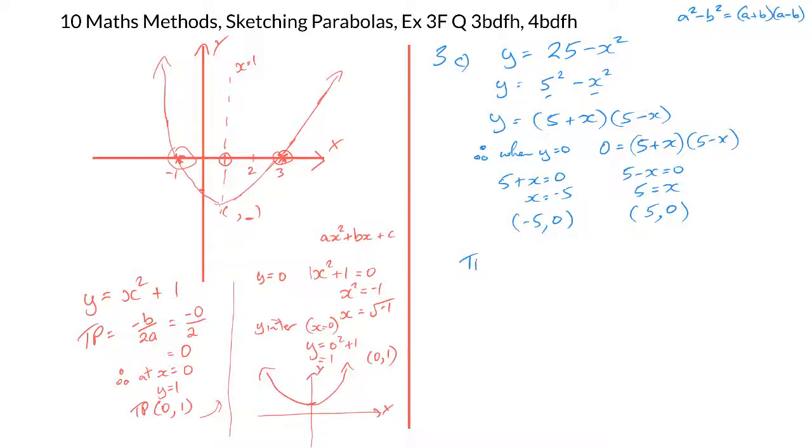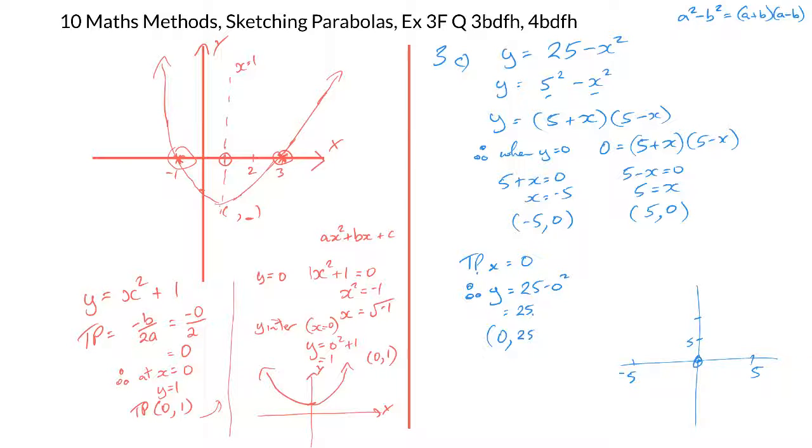The turning point, okay, if we think of our graph, we have +5, -5. So the turning point is halfway. So it's going to be when x equals 0. Turning point of x is 0. So therefore, y will equal 25 minus 0 squared equals 25. So I have a turning point of 0, 25. So that's a fair way up the graph.